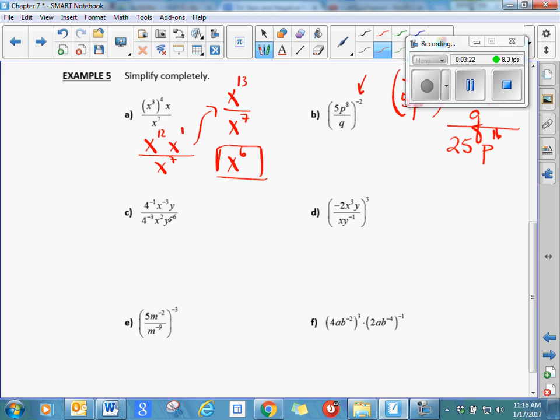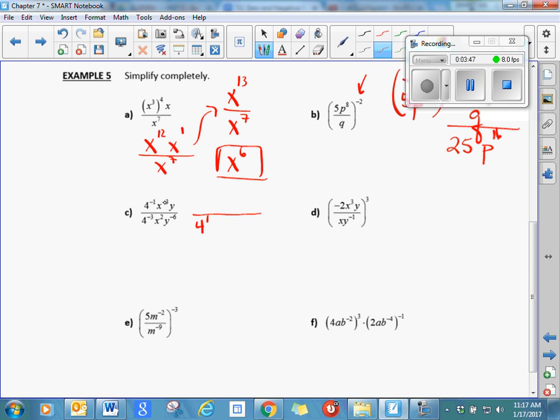Okay, C, this looks a little hairy. We don't have any exponents here, but we do have a bunch of negative exponents. So we need to clean that up. The first thing I always do when I'm solving these is make my negative exponents positive, and then I see what I have. So I'm going to move that 4 to the negative 1 and make it 4 to the positive 1 by moving it to the denominator.